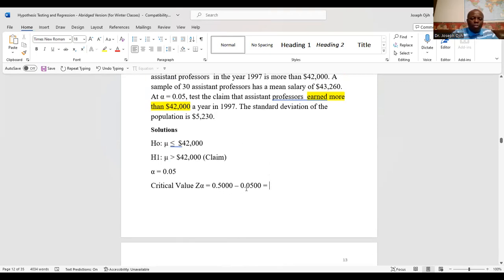So we have 0.5 minus 0.05, which gives us 0.45. We got 0.45. Let me share this. Yeah, 0.45, we have it.